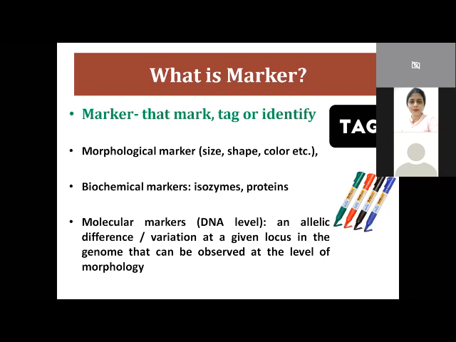The biochemical markers that we are going to take today, the examples are isozymes, proteins, some secondary metabolites, allozymes, and then the molecular markers, the DNA level markers, where the variation at allelic level in the genome can be observed, as well as at the level of morphology. Okay, so this is what a marker is.